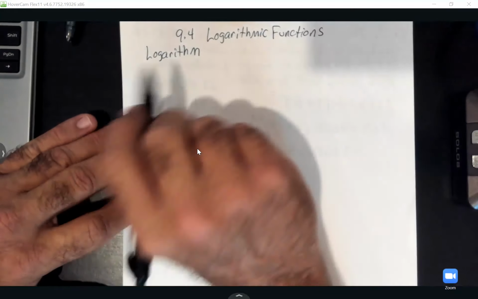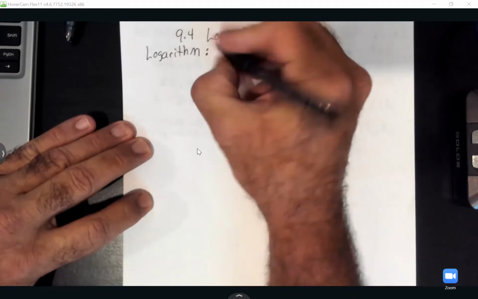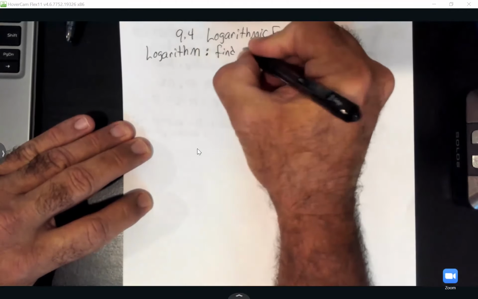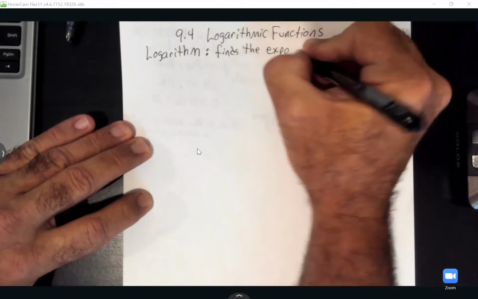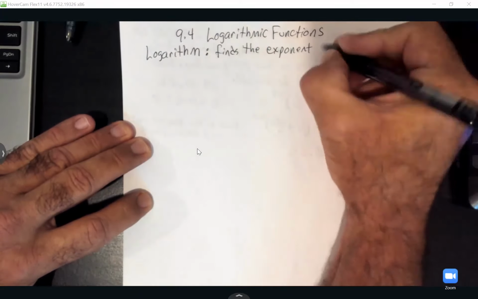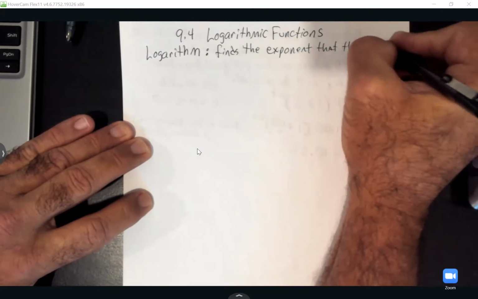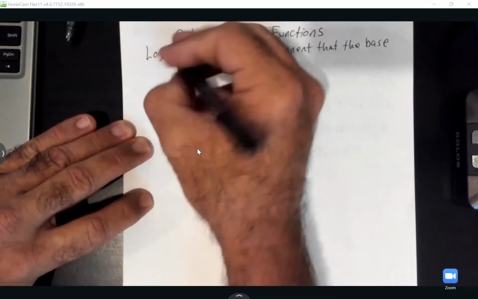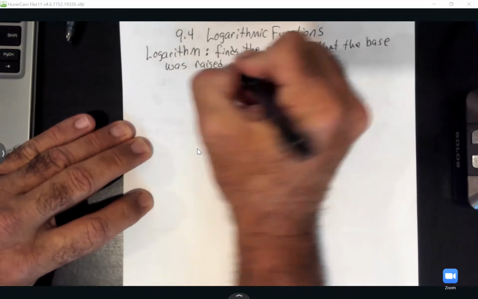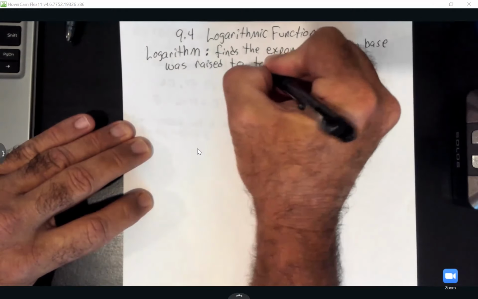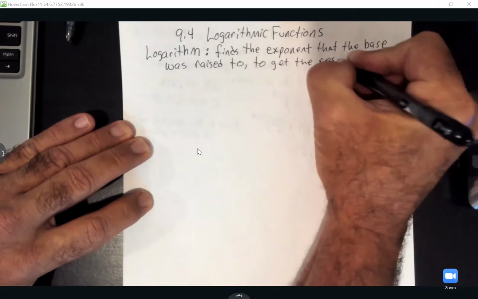So y'all, in the long run, a logarithm finds the exponent that the base was raised to get the result.